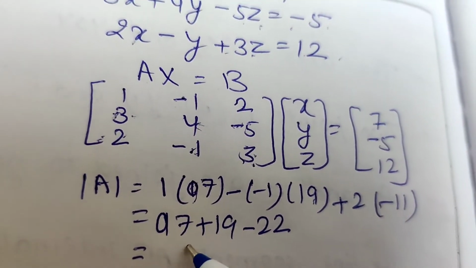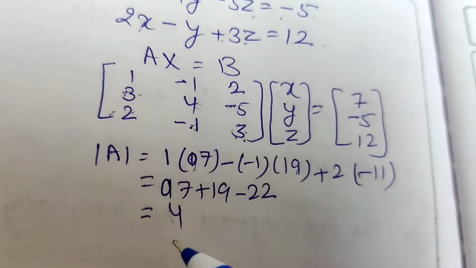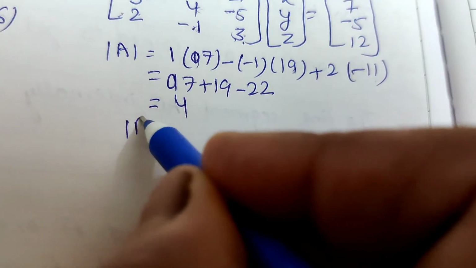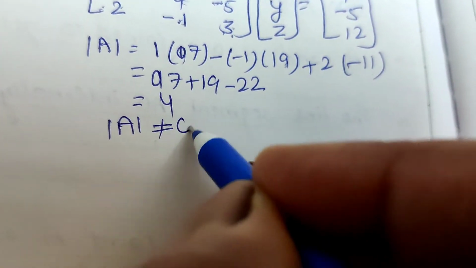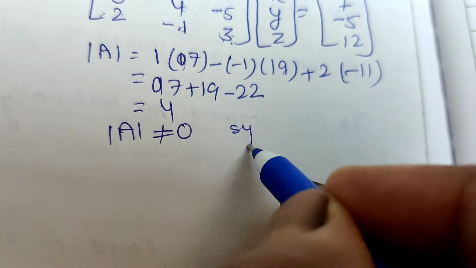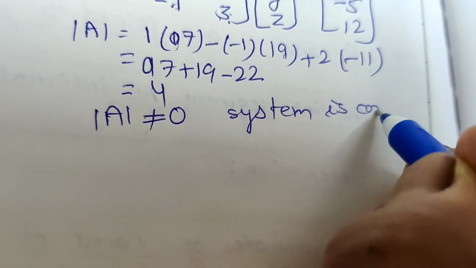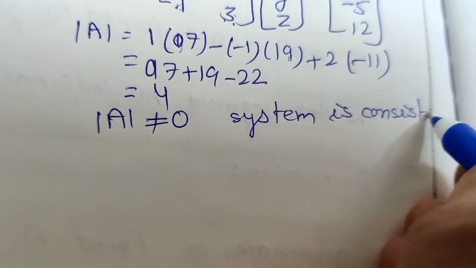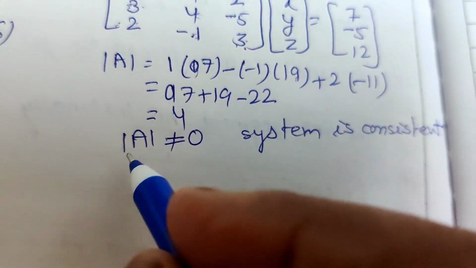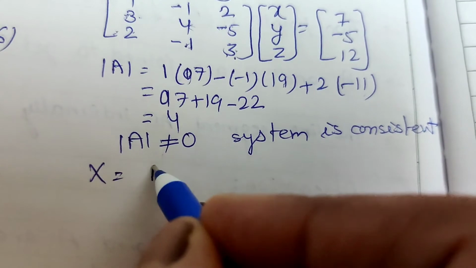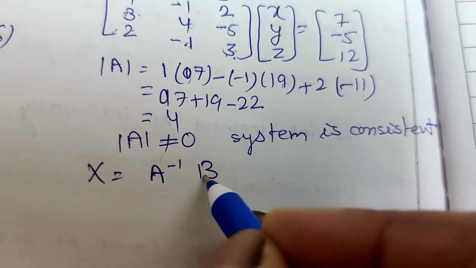Now solve, it is equal to 4. Therefore, the determinant A is not equal to 0. Therefore, system is consistent.